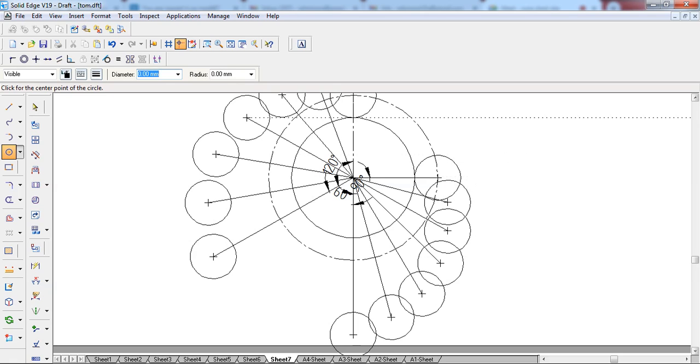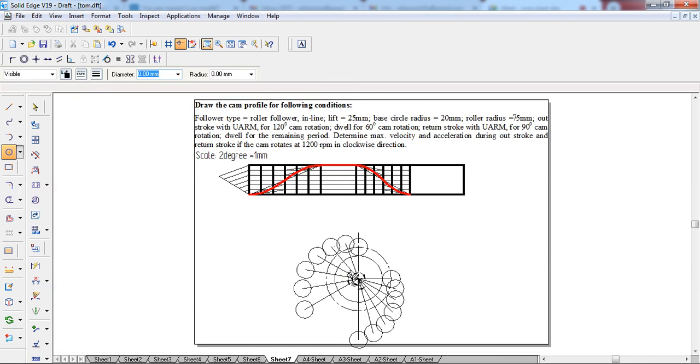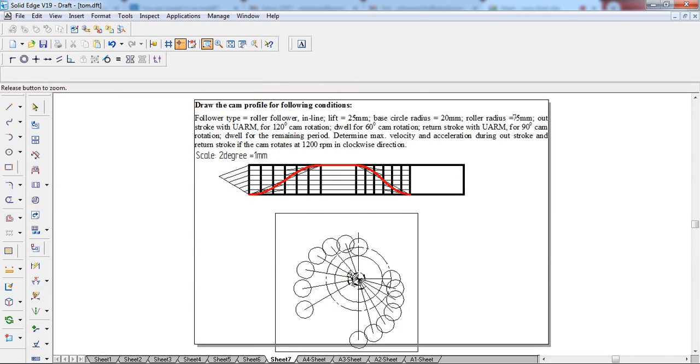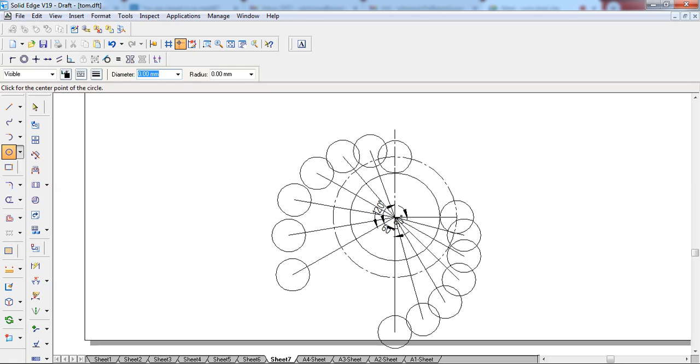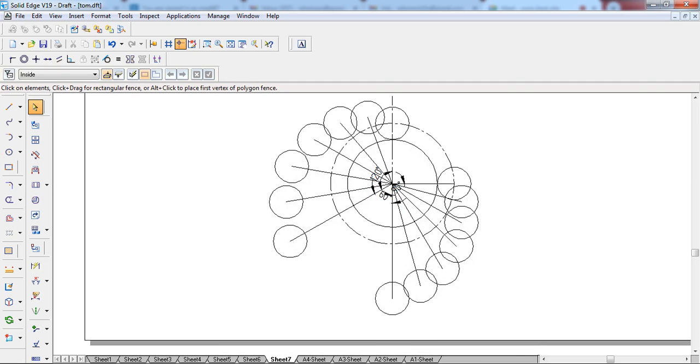Then after getting this, you have to take a tangent to these circles and trace the points from this.